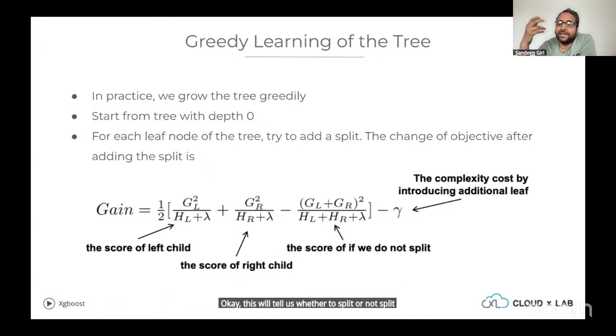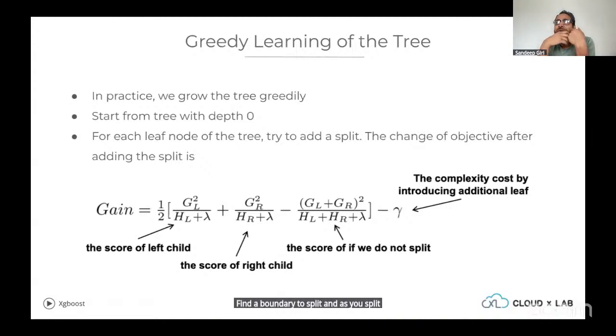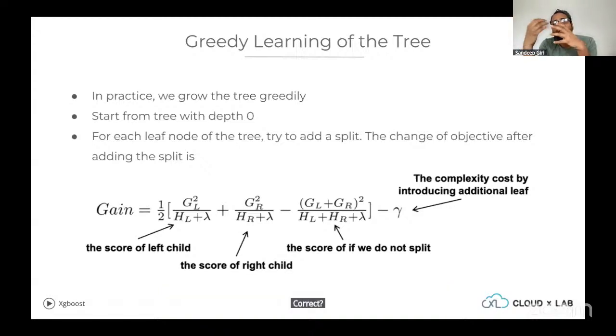So you check the gain. Is there an advantage in splitting? Because as you split a node and find a boundary to split, on one hand your error will go down, but on the other hand the regularization loss will go up.